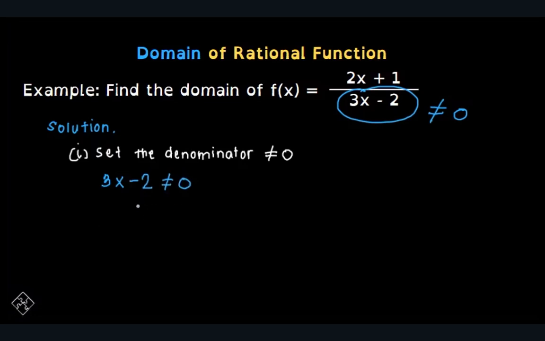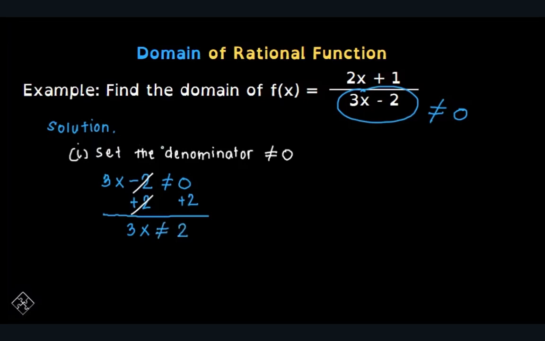Next, to find x, we will add 2 to both sides to eliminate the negative 2 on the left side. So, we cancel the negative 2 here. What remains is 3x, not equal to positive 2.